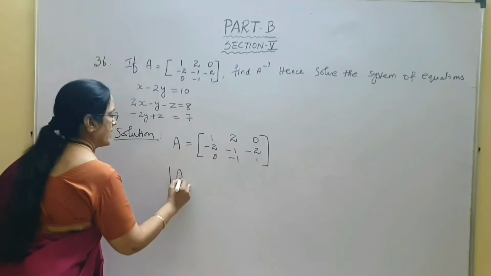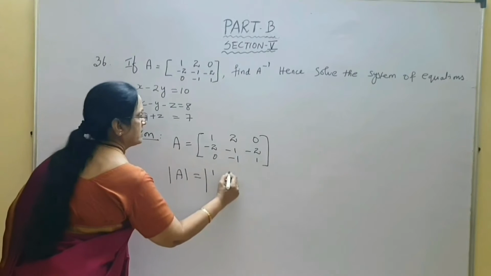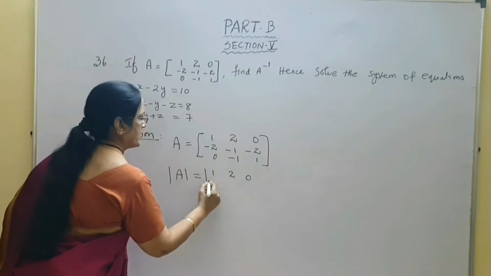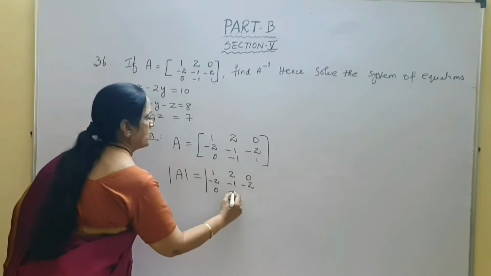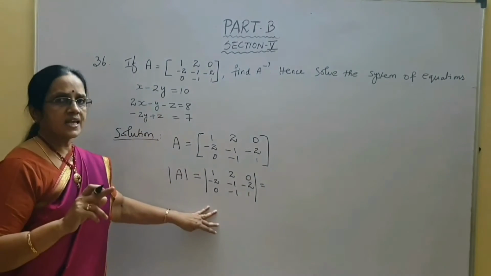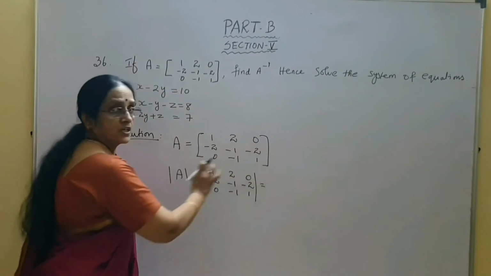The determinant of A is going to be determinant 1, 2, 0, minus 2, minus 1, minus 2, 0, minus 1, 1. Let us evaluate this determinant using the first row.